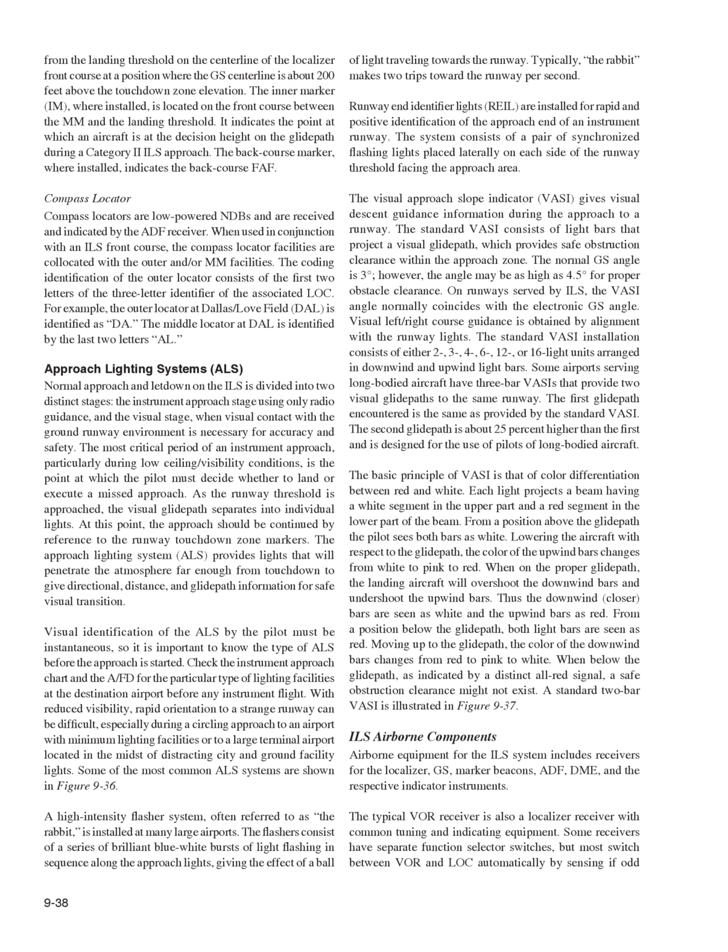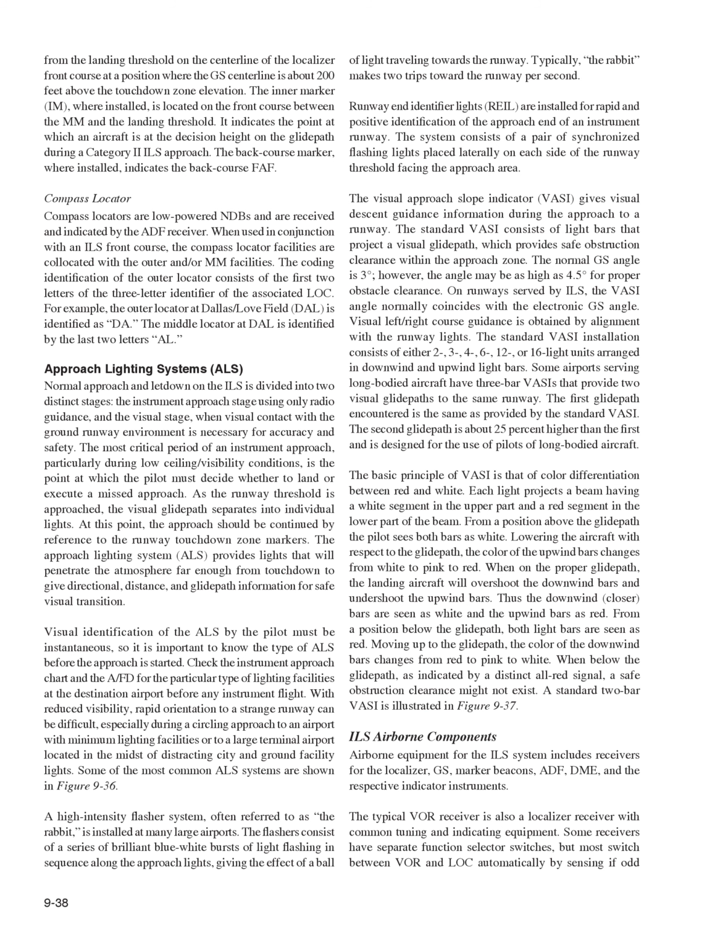Check the instrument approach chart and the A/FD for the particular type of lighting facilities at the destination airport before any instrument flight. With reduced visibility, rapid orientation to a strange runway can be difficult, especially during a circling approach to an airport with minimum lighting facilities or to a large terminal airport located in the midst of distracting city and ground facility lights. Some of the most common ALS systems are shown in Figure 9-36.